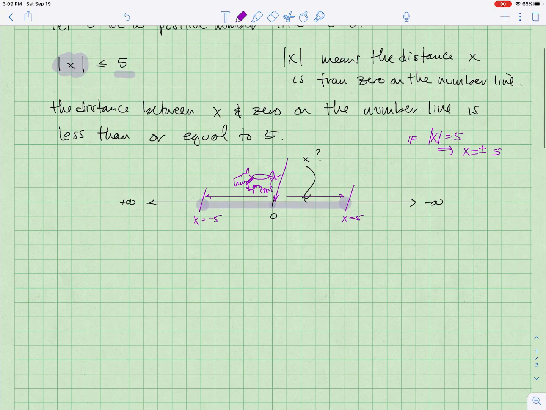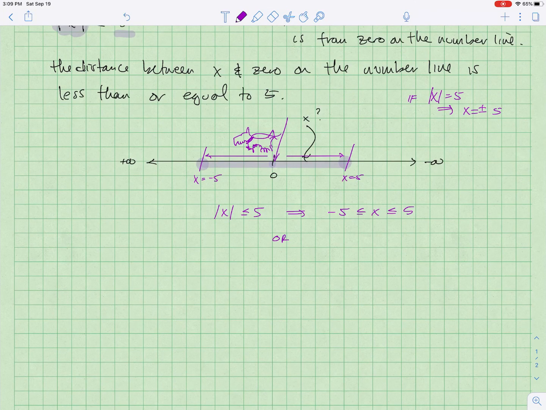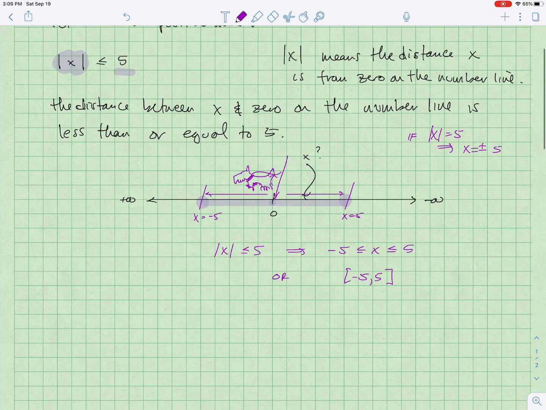If we're talking about the absolute value of x being less than or equal to 5, then it turns out that x can actually be anywhere between negative 5 and 5. And this is how we write that. Or as an interval, between negative 5 and 5 with those closed brackets, because we're talking about specifically it being less than or equal to, right? We have those equals signs there.